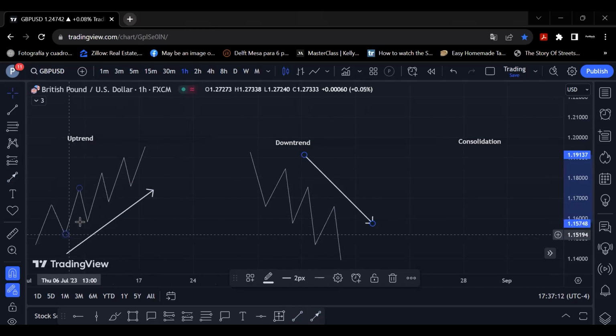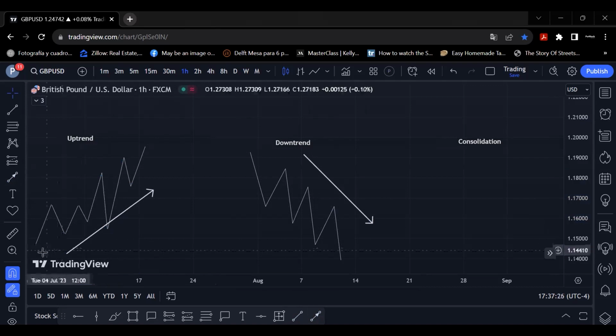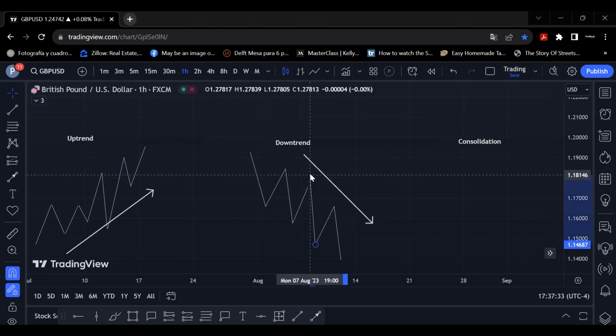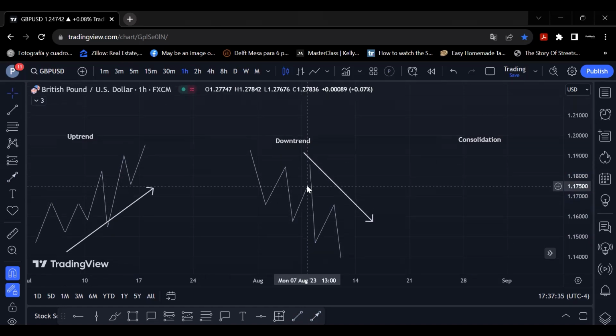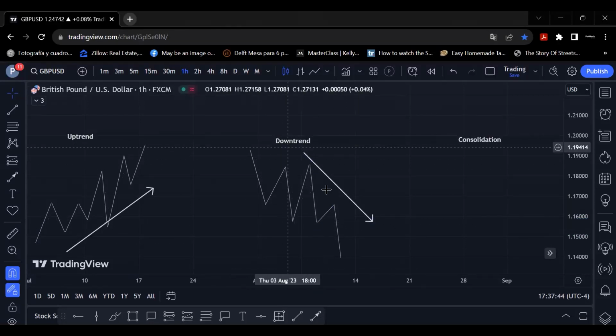Although we are in an uptrend, we could sometimes see markets creating lower highs and lower lows, but still be in an uptrending condition. Also, for downtrends, we may see higher highs and higher lows, but still be in a downtrending market condition.